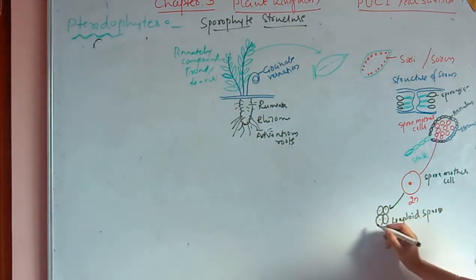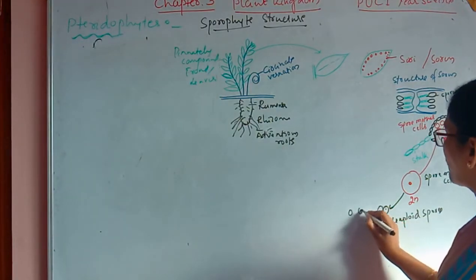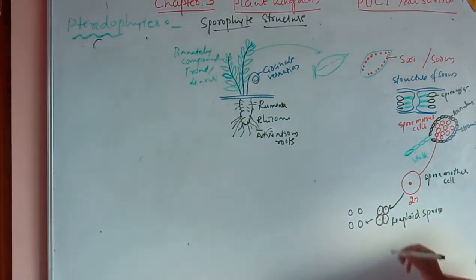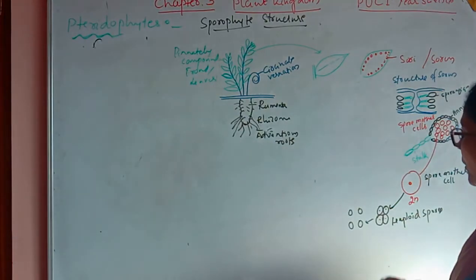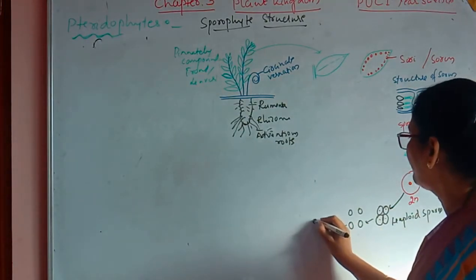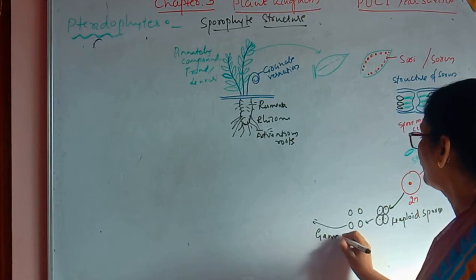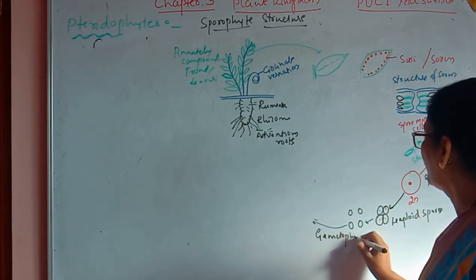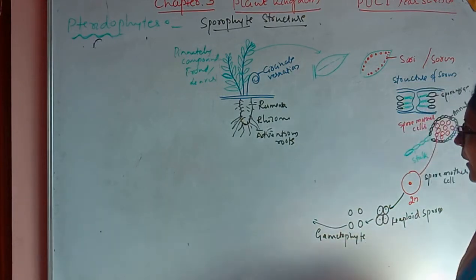Initially they are attached, later they separate. When these spores germinate, they produce the gametophyte.